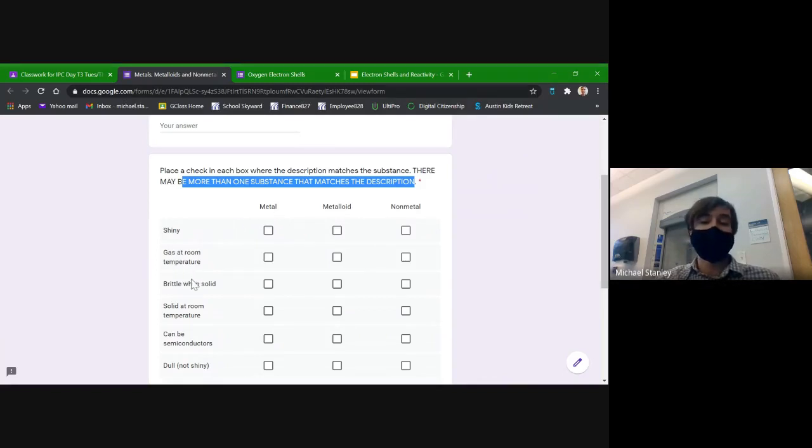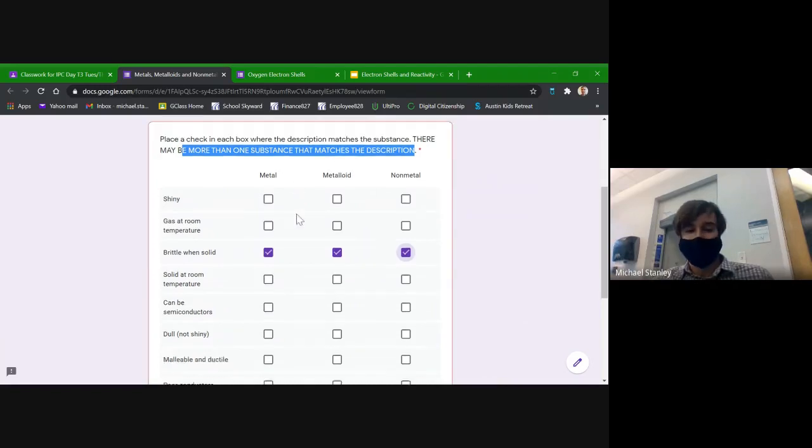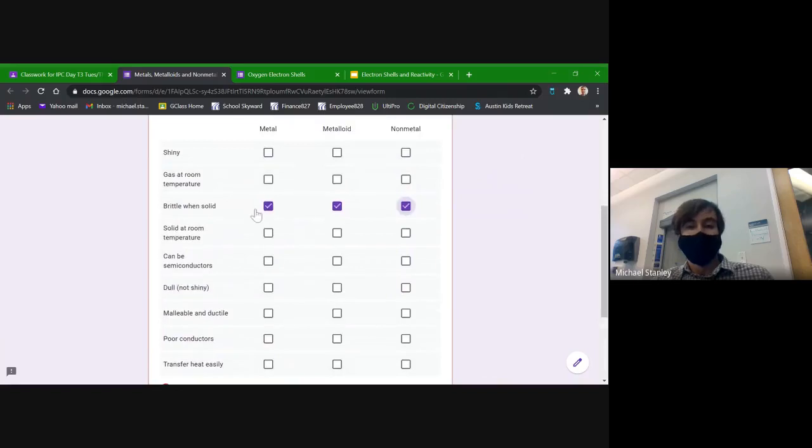And so if you think that there are multiple things that are brittle when they are solid, you would put the check boxes inside whichever one, however many of these you think fit that description. So I will go ahead and tell you guys that none of them are all three. So each description fits either one or two of the types of substance. And so which of these are shiny?